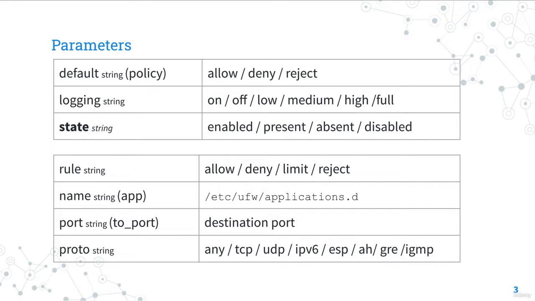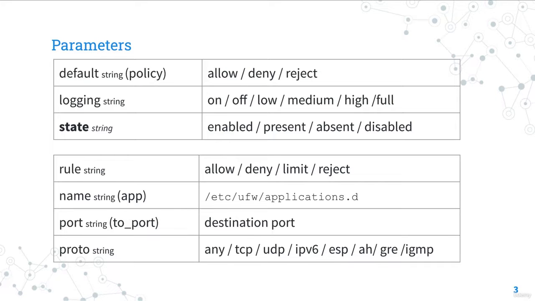The name parameter, also called app, uses a profile located in /etc/ufw/applications.d. Over there you can find a profile for the most common applications such as SSH or web servers.